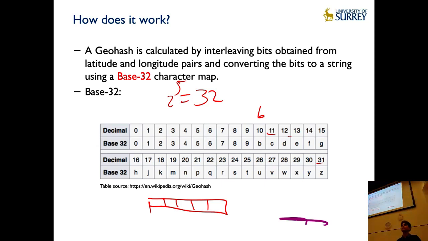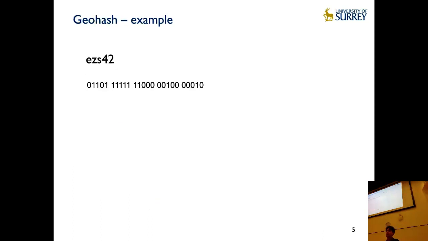How do we now create a geohash based on base 32? It's a very simple approach. You take your longitude and latitude data, and I'll explain how you're going to convert them to a base 32 representation.